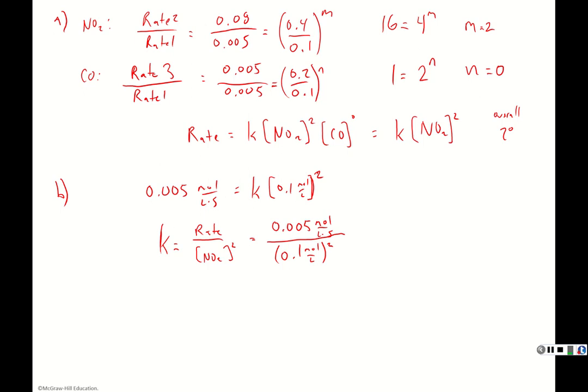Right, so when we square that value, let's just take this one step further just to look at what the units are doing. We would have 0.01 moles squared per liter squared.